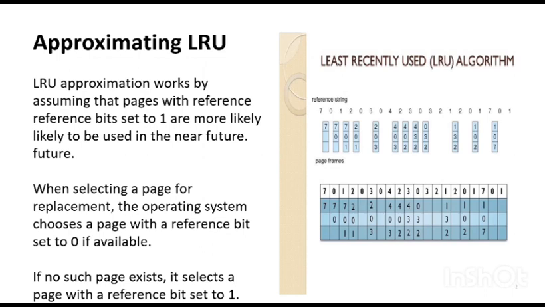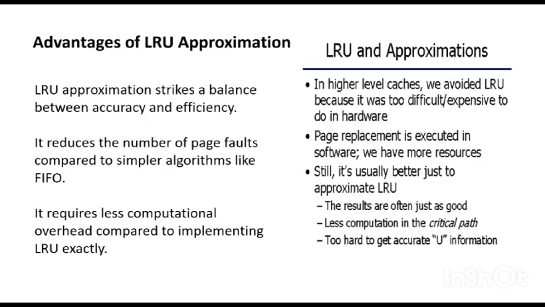LRU approximation works by assuming that pages with reference bits set to 1 are more likely to be used in the near future. When selecting a page for replacement, the operating system chooses a page with a reference bit set to 0 if available. If no such page exists, it selects a page with a reference bit set to 1.